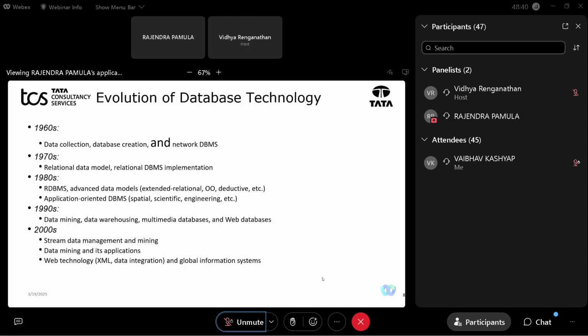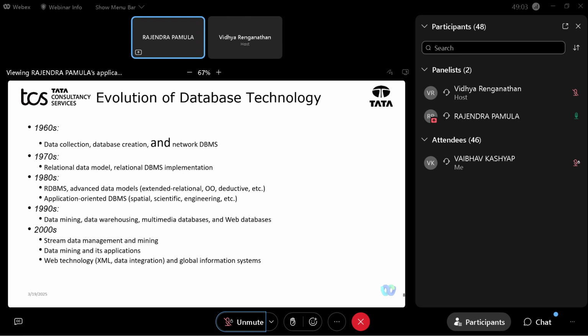So the evolution of database technology, which is the basic step that started implementing data mining, is as follows. In history, in the 1960s data was collected, databases were created, and network DBMS was also available.